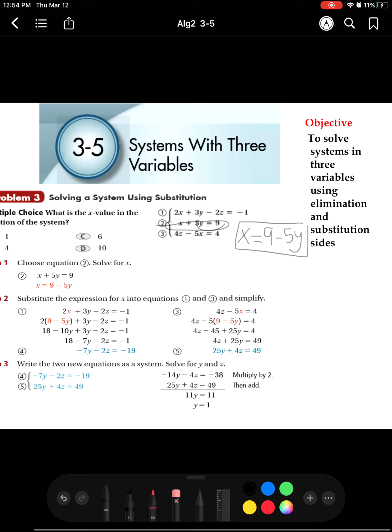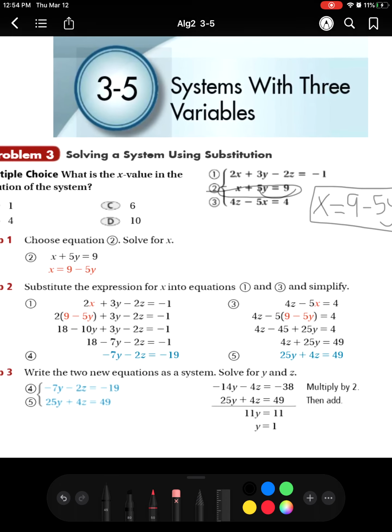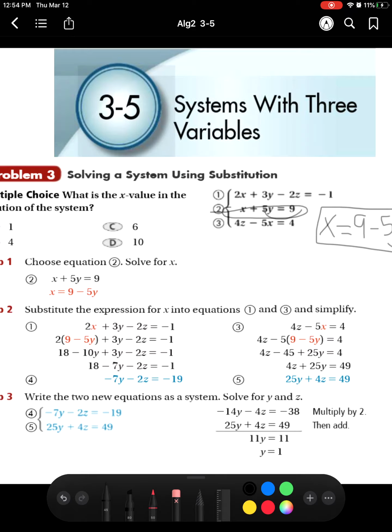Okay, what will I do with it? I will go to equation number 1 and equation number 3 and substitute wherever I find x by 9 minus 5y. If I have something multiplied with the x, I will multiply the coefficient of x with the whole bracket, which is 9 minus 5y.